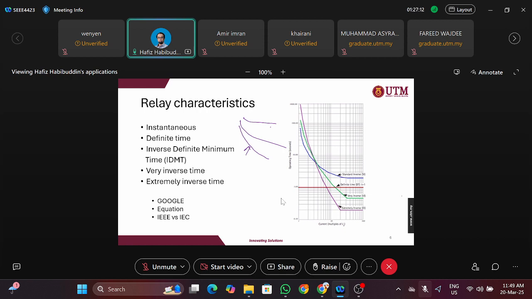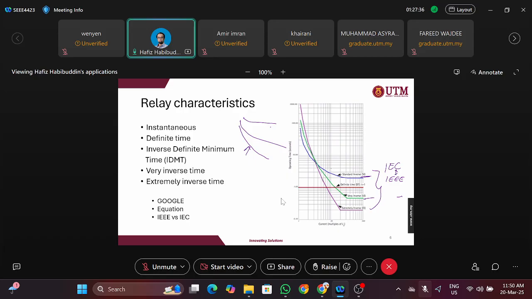Okay, you see, you have standard inverse where the slope is the blue one. The steeper is very inverse and extremely inverse. So these are defined by IEC or even IEEE. You can Google that different characteristic. Of course, IEC and IEEE will have a different equation for that.